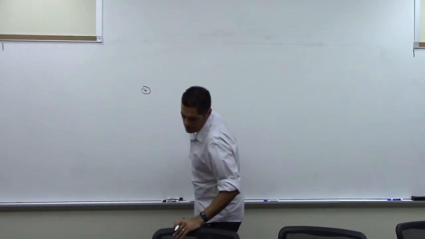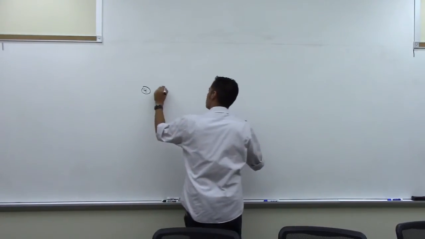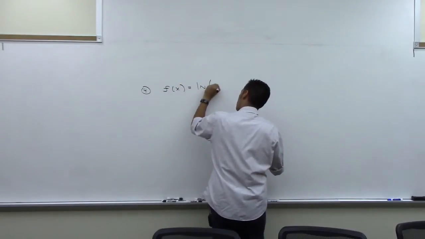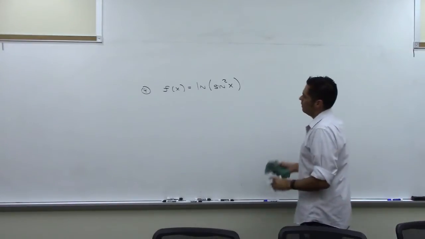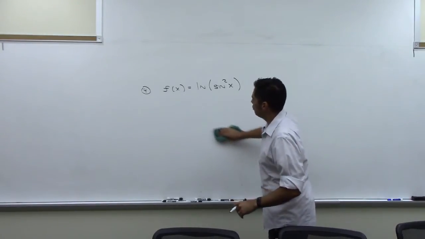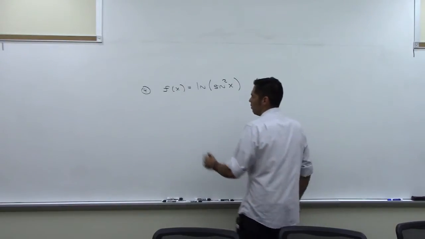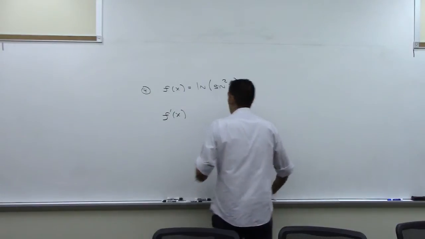4. F of x is natural log of sine squared x. I see, this could be a little tricky. Let me do it the way most of you would probably do this. You would say, all right, I see that I have composition.